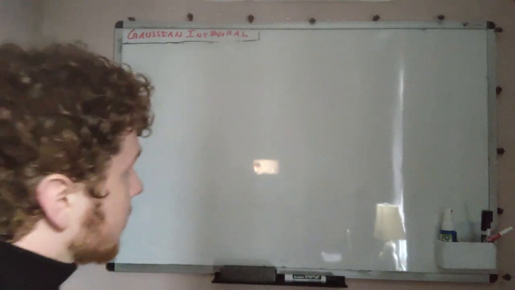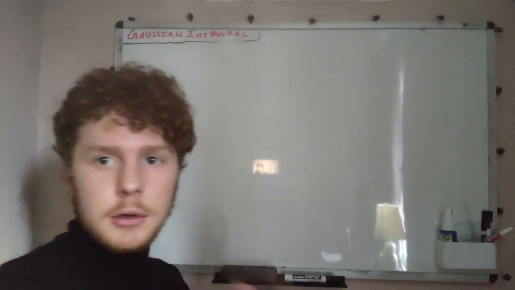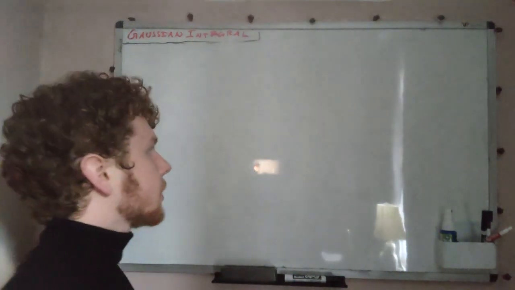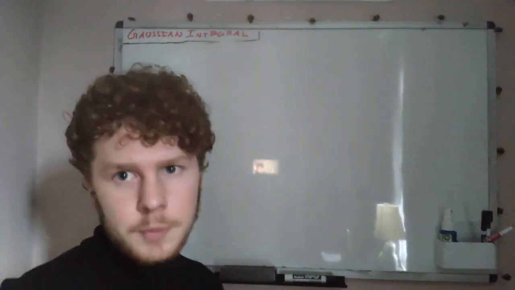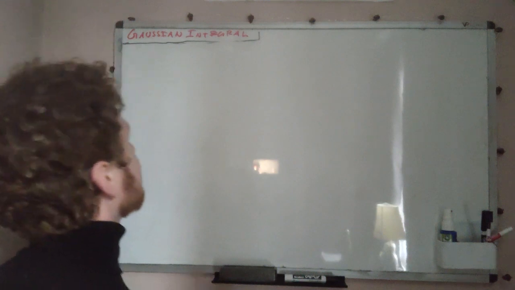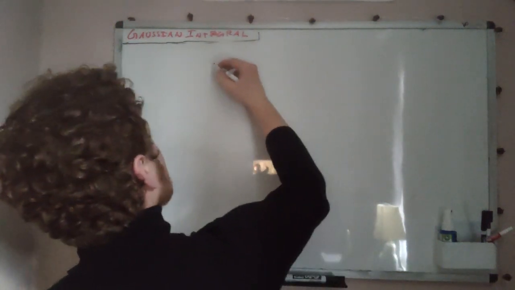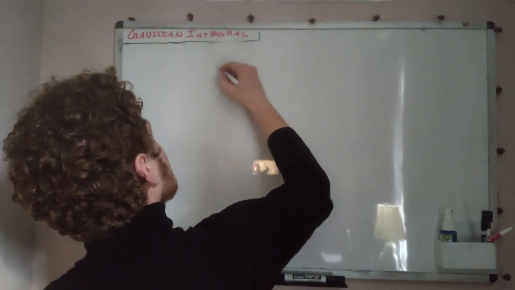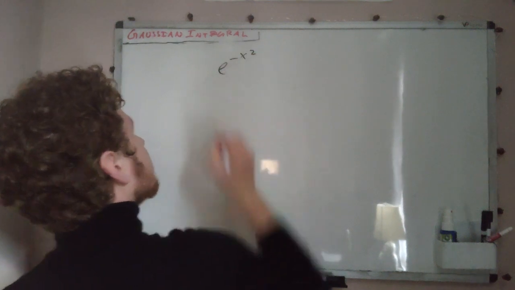Now, beforehand we had that probability function that I showed, but we're going to use something that's simpler and still attacks what we're trying to get at, which is e to the negative x squared.